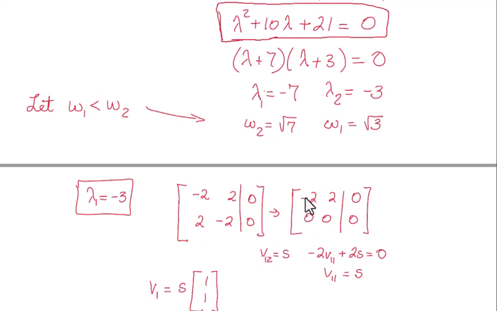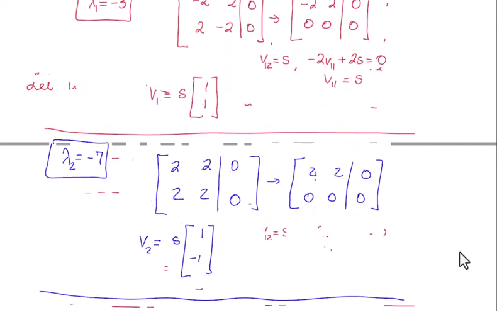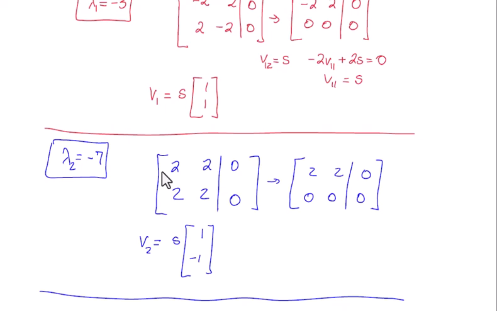V12 is S. Interpret that for row 1 here, and you get V11 is also S. And so for this eigenvalue, I get the eigenvector 1, 1. If I use the eigenvalue of minus 7, I get 2, 2, 2, 2. So multiply row 1 by negative 1 and add, and I do get a whole row of zeros. Same trick we've used previously, so my eigenvector is 1, minus 1.